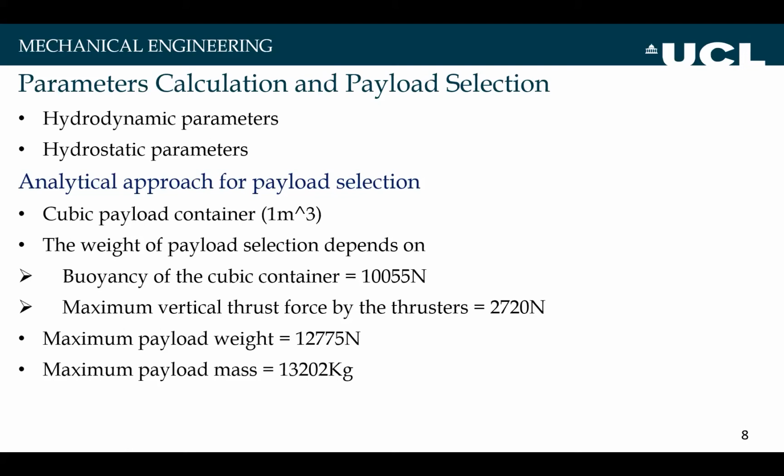These two will be applied in one direction because the buoyancy is applied upward, and the vertical thrust, if they apply upward, they would have a total upward force. So adding them together will give us the value for the payload, which should apply to keep the system at position.